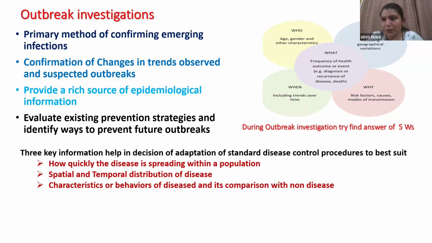And the most important one is why, that means why the disease is occurring in that particular place in a population. What would be the source of infection, what was the source of origin of that outbreak, and how the disease spread in the population. So these are the 5 Ws which are asked during the investigation.